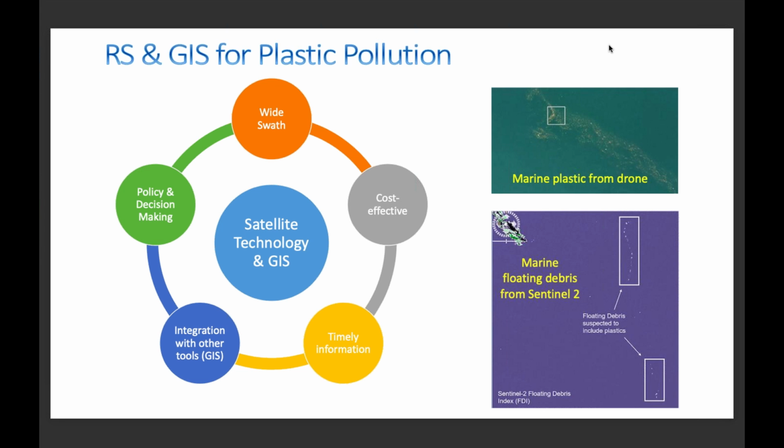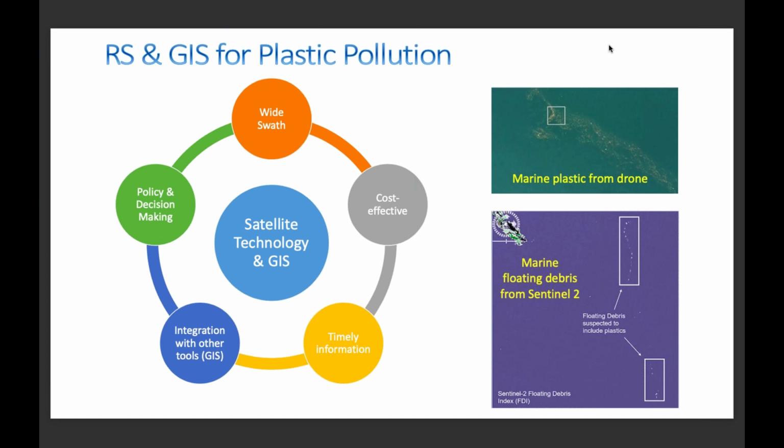However, this was the limitation till a few years back, but now using AI/ML techniques and other advanced technologies, scientists are even able to map the hotspot zones of plastics from the Sentinel data on a very large scale. So this is how remote sensing has advanced as regards plastic pollution.